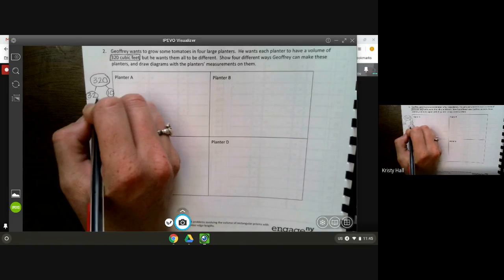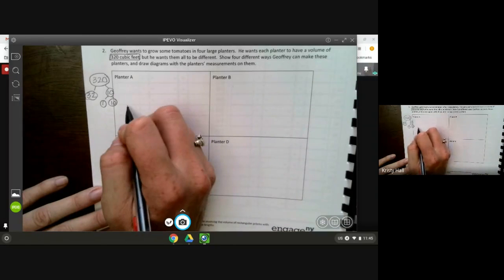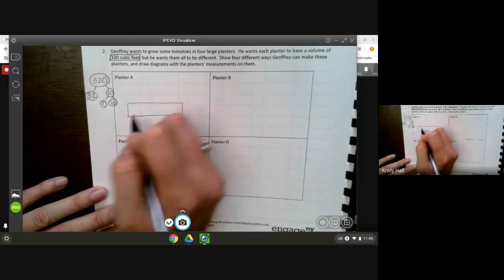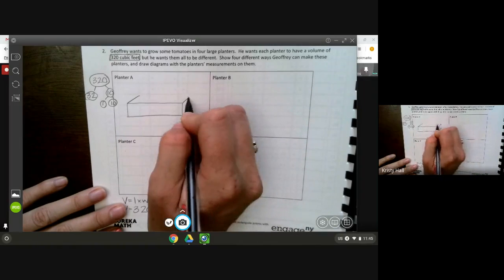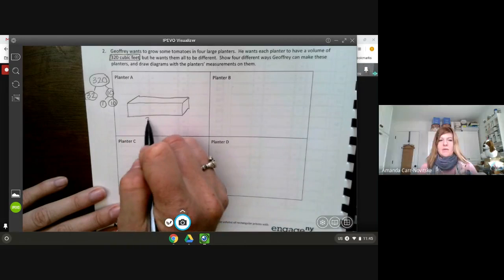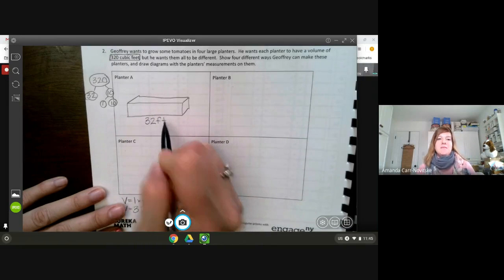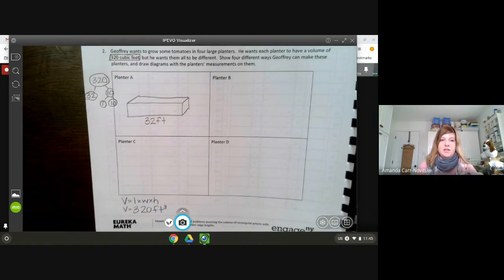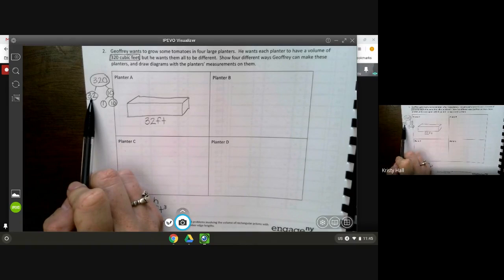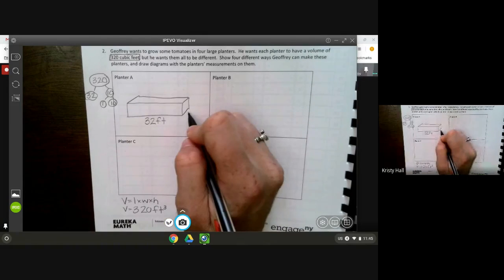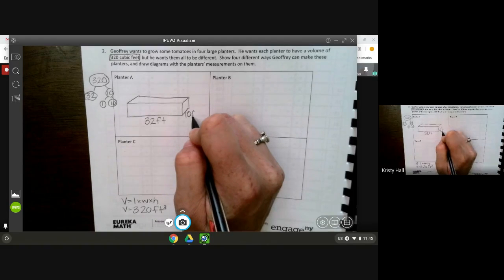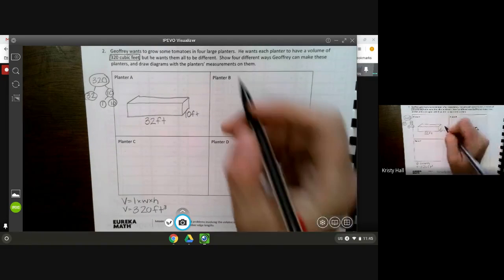So I could make a planter. And right now, everybody should be drawing the same thing that she's drawing in your planter A. So I could do 32 for a length. I could do 10 for a width.